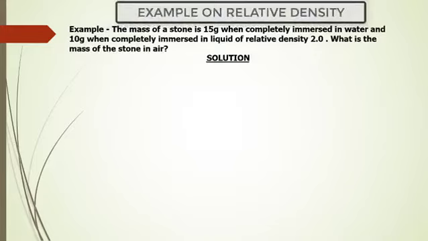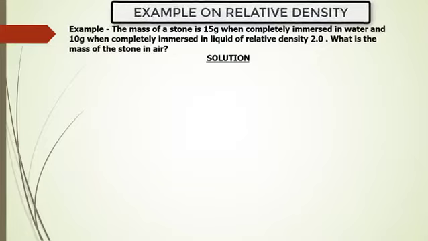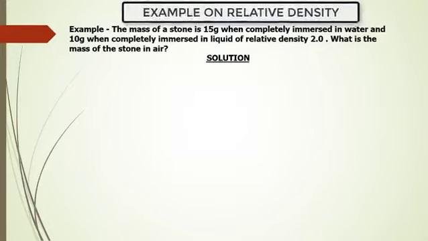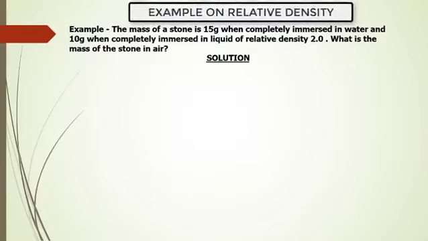Now let's take this final example. It says that a stone weighs 15 grams when it is completely immersed in water, and 10 grams when it is completely immersed in a liquid of relative density 2.0. We're asked to calculate the mass of the stone in air. So for us to find the mass of the stone in air, first of all we need to find relative density.